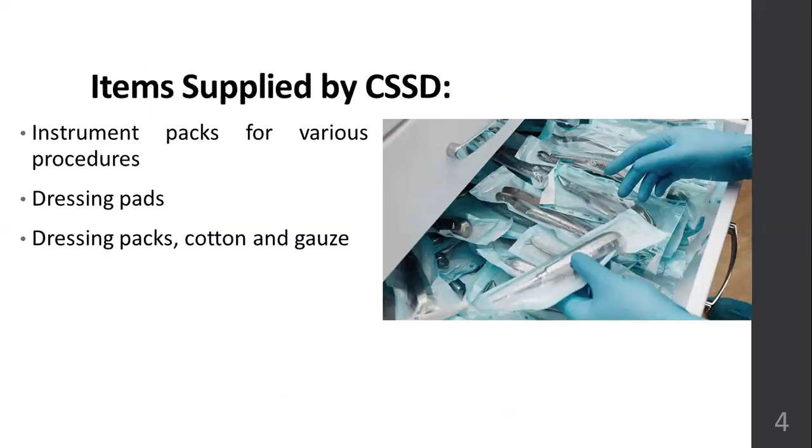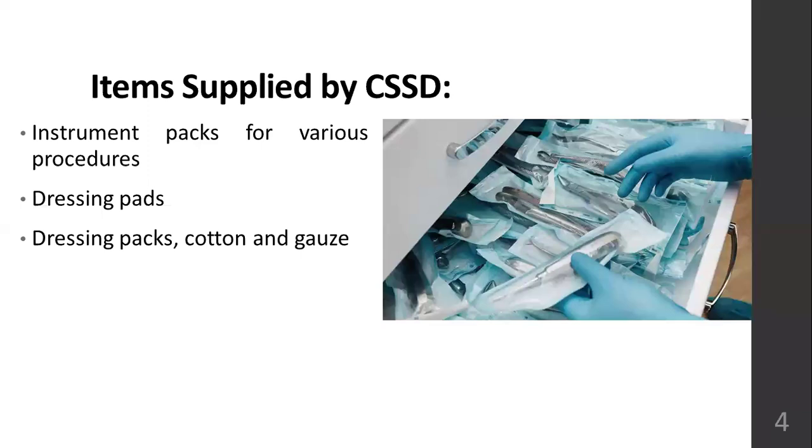Items supplied by the CSSD: instruments, instrument packs for various procedures, dressing pads, dressing packs, cotton, gauze pieces. Instruments means all the OT instruments, scalpels, forceps, all surgical instruments, wound dressing instruments, wound stitching instruments and all.